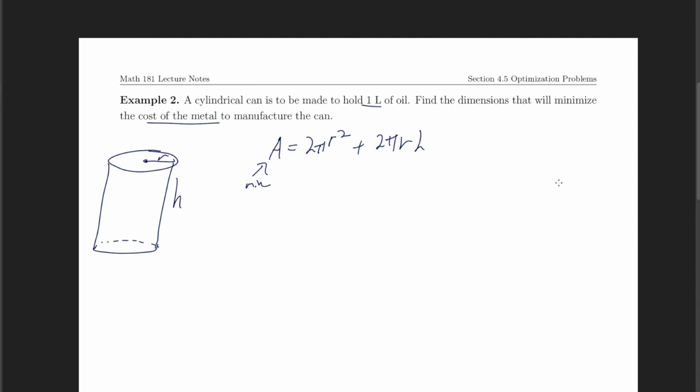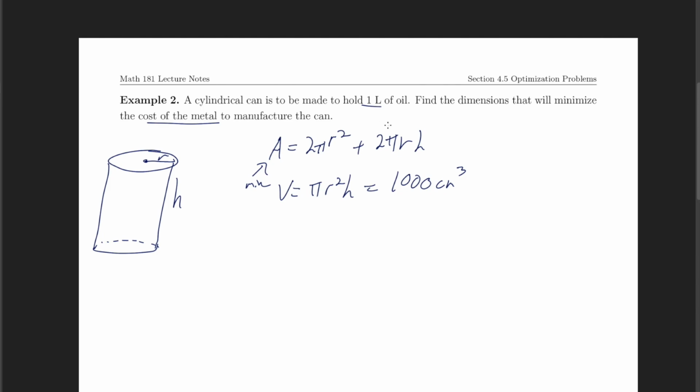Alright, what else do I know? Well, I also know that I want the volume, and the volume here is equal to pi r squared, which is the area of the base, times h. And I want this to equal 1,000 centimeters cubed.